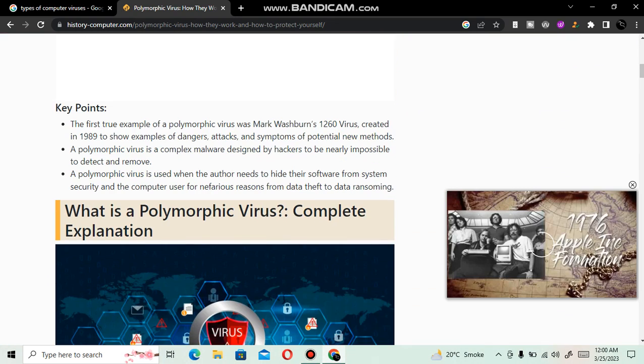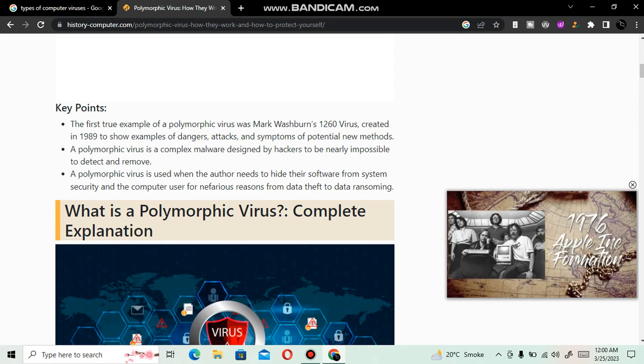Key points. The first true example of a polymorphic virus was Mark Washburn's 1260 virus, created in 1989 to show examples of danger attacks and the symptoms of potential new methods.